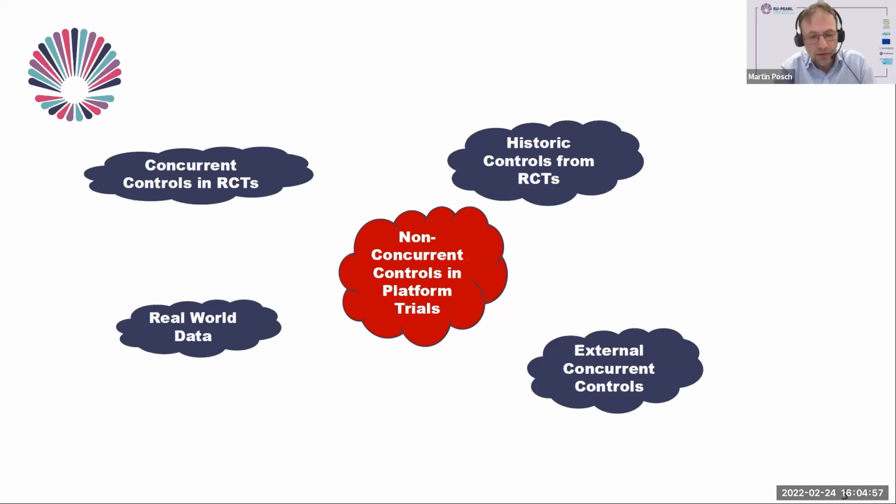The non-concurrent controls within the same platform trial are a new type of control group, which are collected under the same overarching protocol and standardization. In this webinar, we will learn about methods to use these controls, and we will discuss to which extent these methods can adjust for potential biases when using such non-concurrent controls. We will hear the perspectives of different stakeholders if and in which settings they can be used.